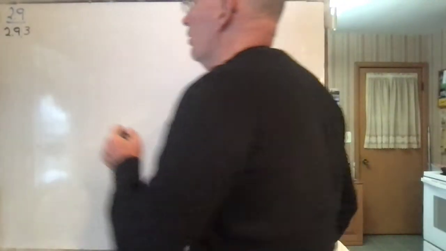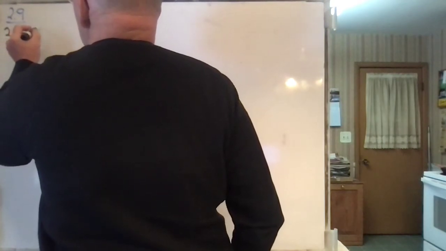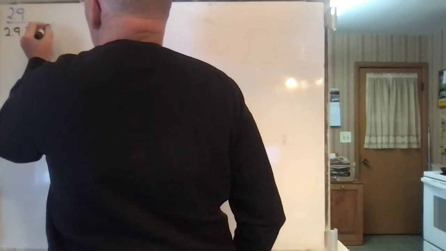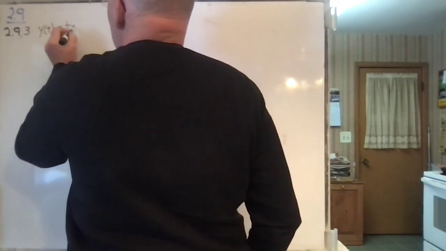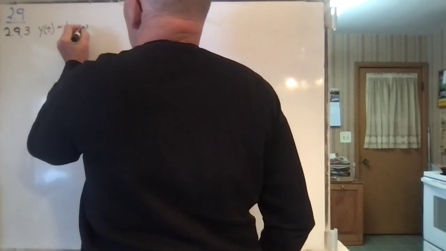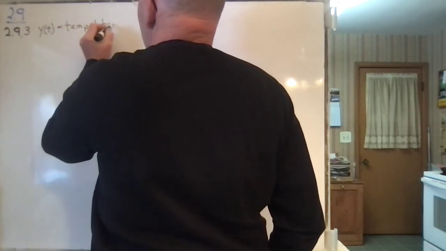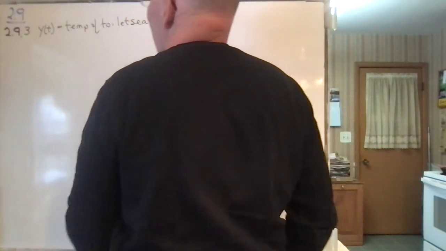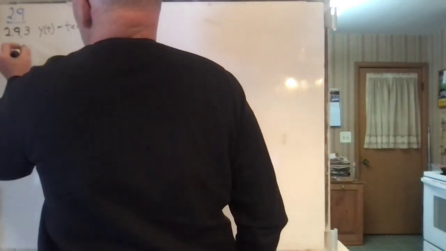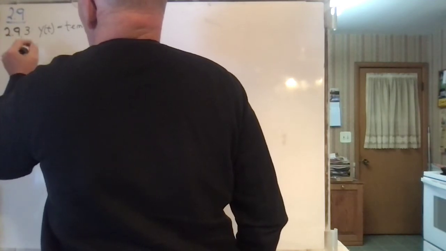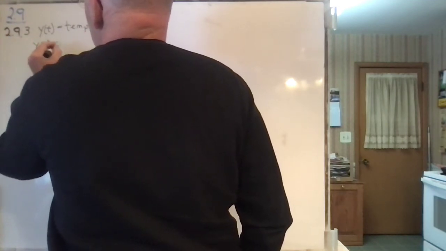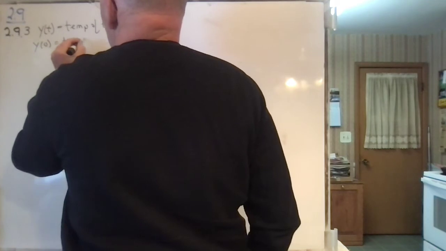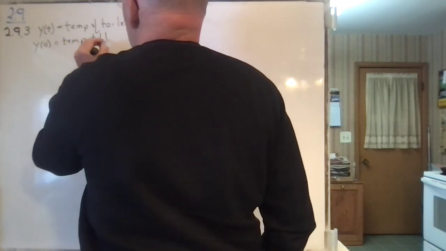So let's start right off by letting y of t equal the temperature of the toilet seat. That's the thing that's changing. And at time equal to 0, I'll say y of 0 is the temperature at the first reading.